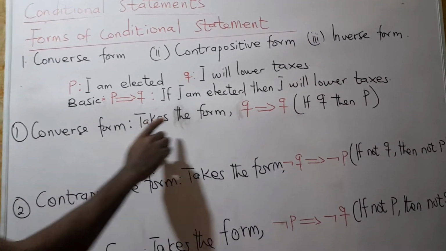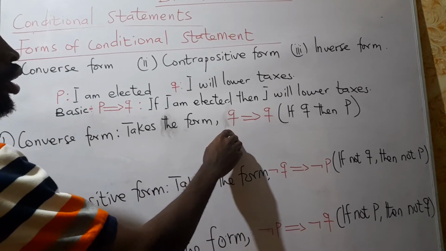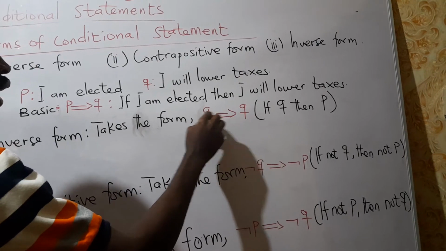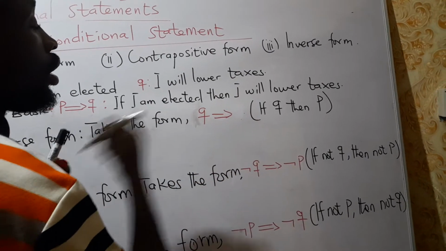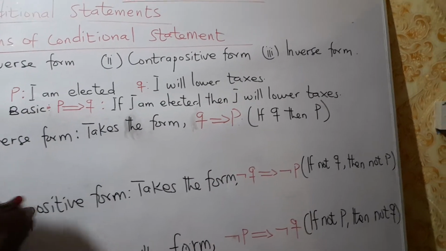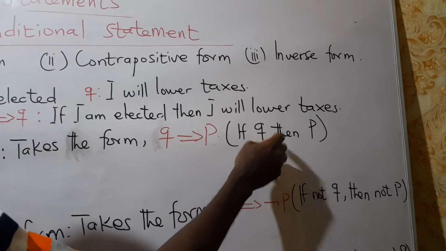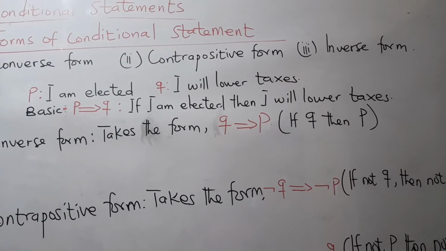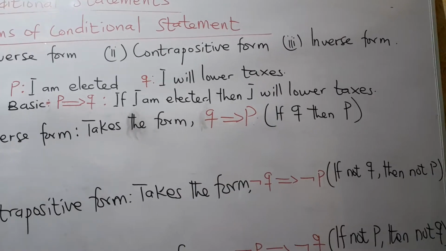So the converse form takes the form Q implies P, which means that if Q, then P. So now let's look at how that will imply.